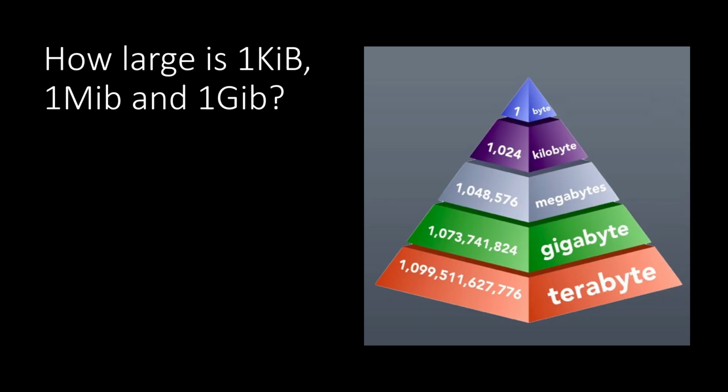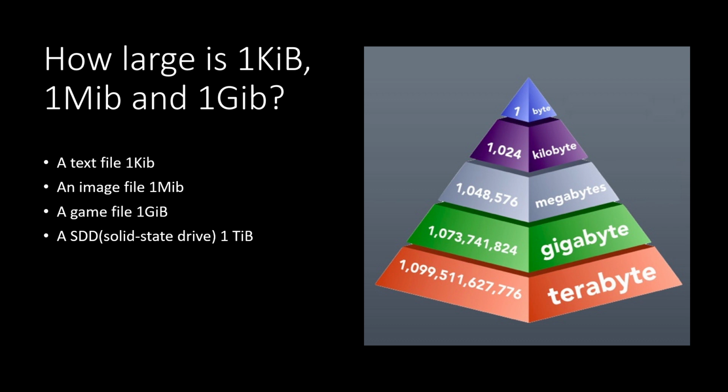However, we know how to do the conversion, but intuitively, how large is 1 kilobyte, 1 megabyte, and 1 gigabyte? Well, a text file is approximately 1 kibibyte, an image file is approximately 1 megabyte, and a game file is usually 1 gigabyte, but modern game files are much larger than that, maybe 5 gigabytes, or some of them 10 gigabytes, or even larger.